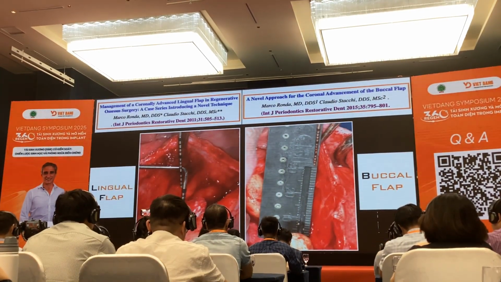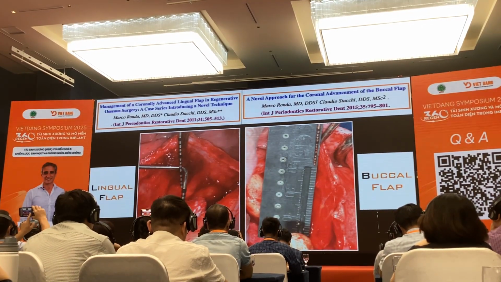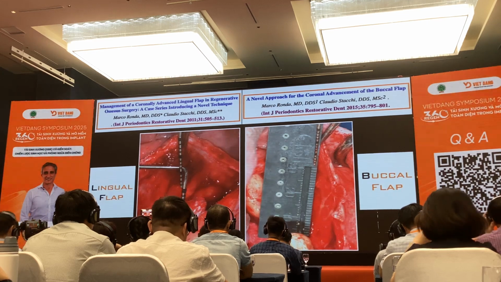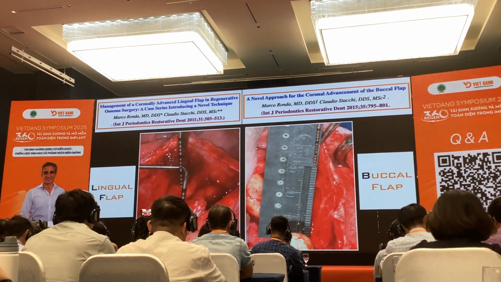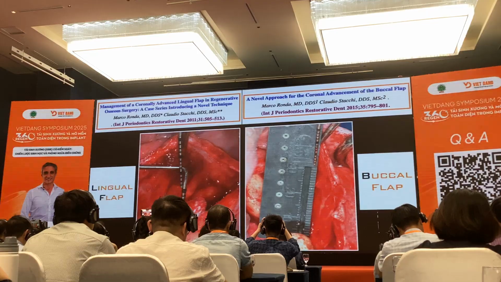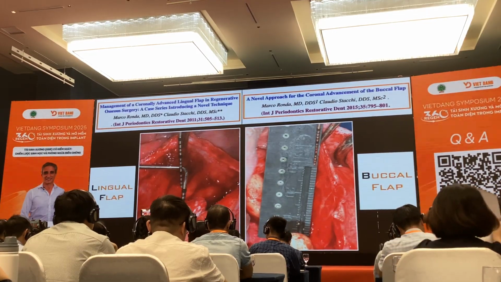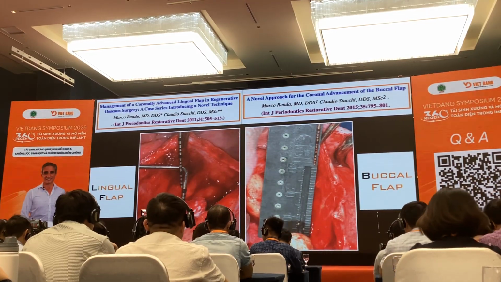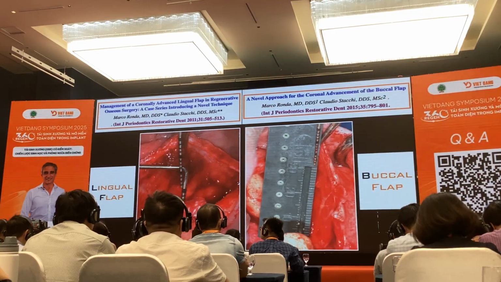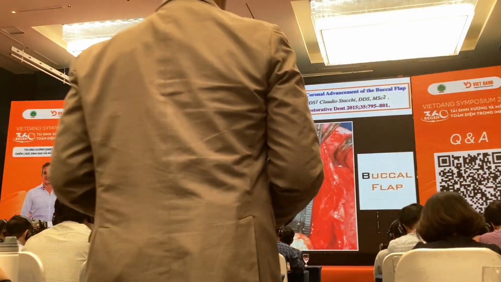It is the performance of the using of the blade in a very selected way. We perform a dissection of the flap when we perform the buccal passivation flap.